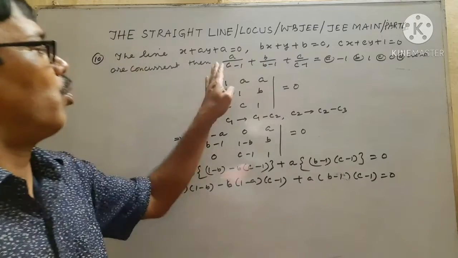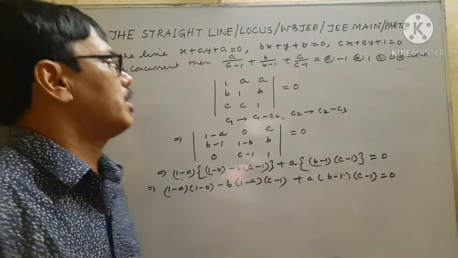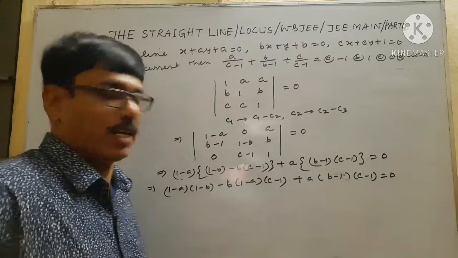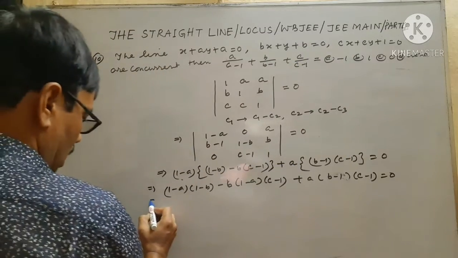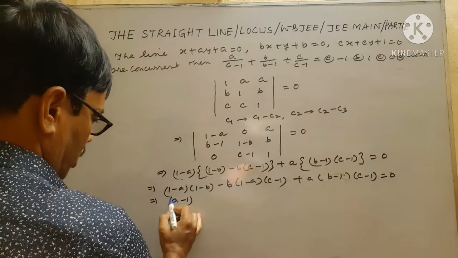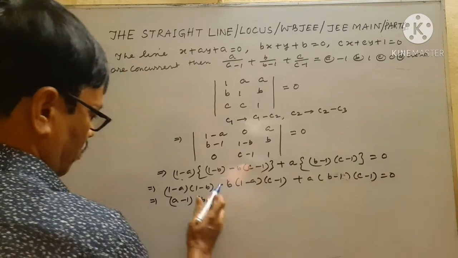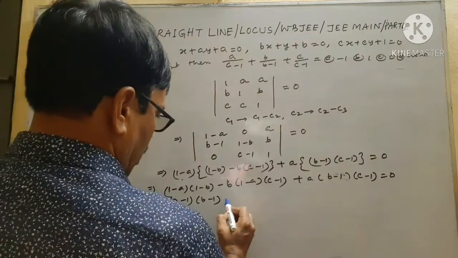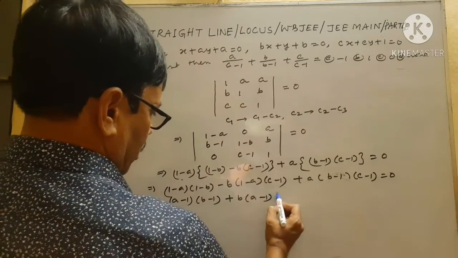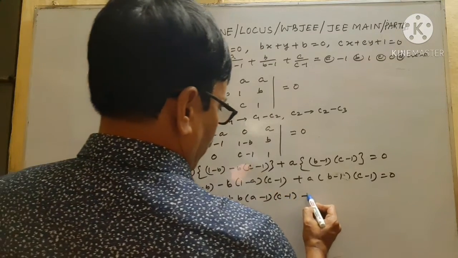Now look at the proof. It is given in this form: a minus 1, b minus 1, c minus 1. So we take a minus sign common. This is (a minus 1)(b minus 1), minus minus plus, so this is plus b, this is (a minus 1)(c minus 1) unchanged.